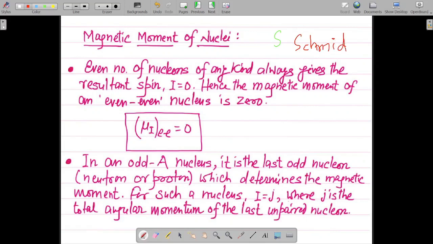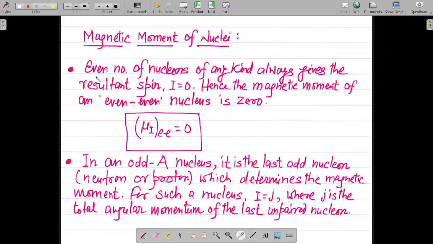I am going to discuss these Schmidt lines in the end of the video, but we will start from the magnetic moment of nuclei, because only if we understand the magnetic moment of nuclei can we understand what Schmidt lines are. The pronunciation is Schmidt. So let us understand.